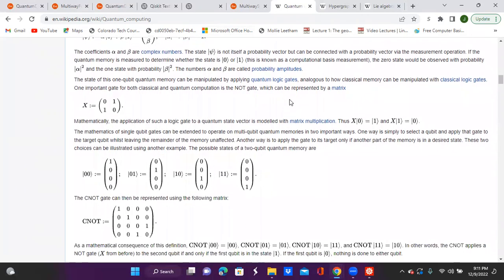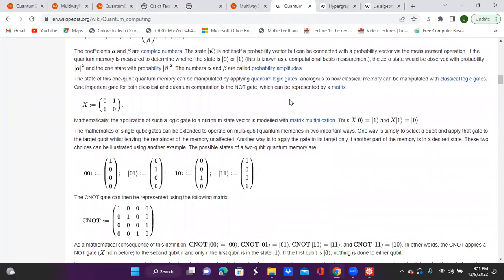The coefficients alpha and beta are complex numbers. The state psi is not itself a probability vector, but can be connected with a probability vector via the measurement operation. If the quantum memory is measured to determine whether the state is a 0 or a 1, this is known as the computational basis measurement.